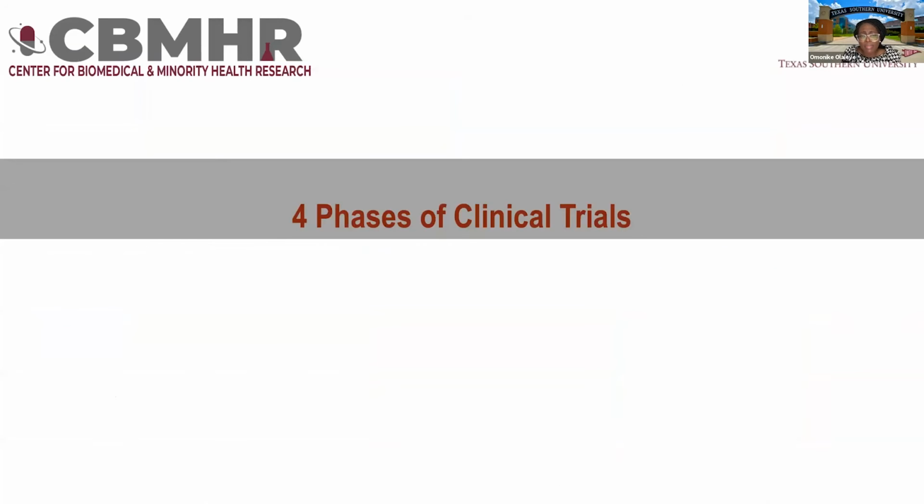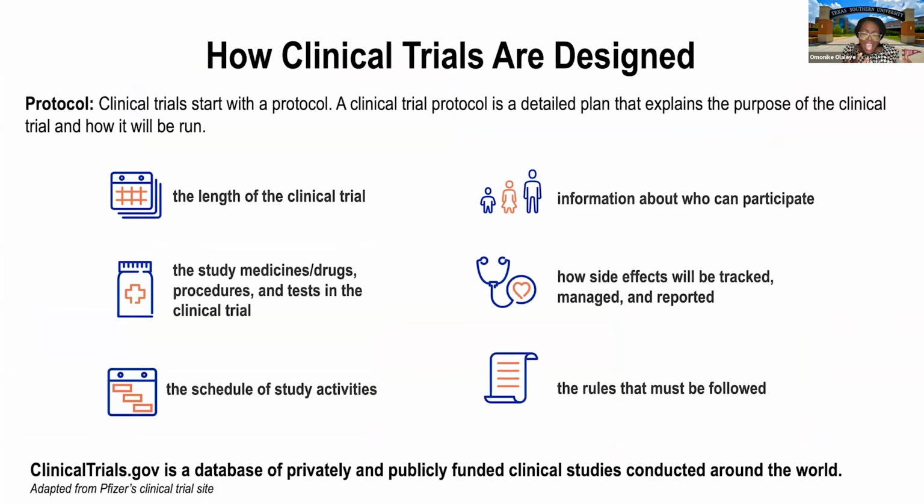And this is very key because now when we have this expertise in TSU, where we're one of the largest historically Black colleges in the country, and we serve Harris County, which is one of the 3rd largest counties in the nation, we need to be vested and make sure that we have the healthcare workforce, the biomedical workforce that are actually looking at discovering these compounds, so that we're really vested as we look at diseases that disproportionately impact minority populations. So this is a very strategic role that Texas Southern University is playing.